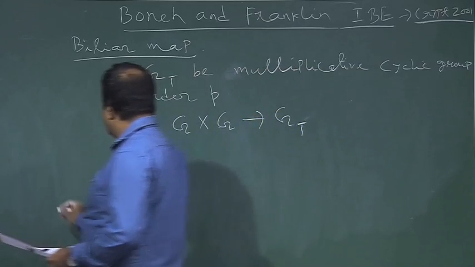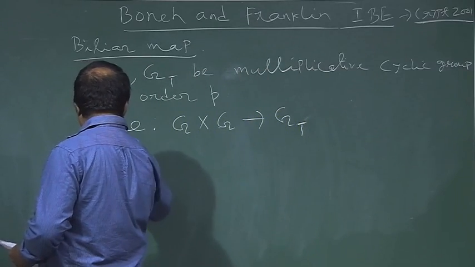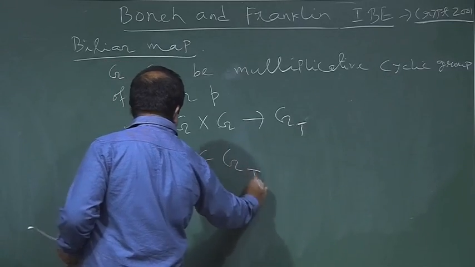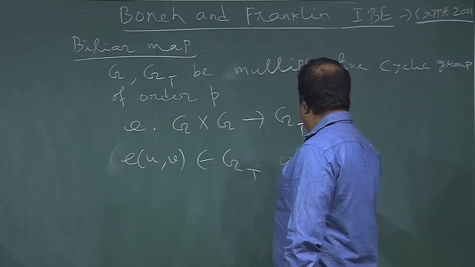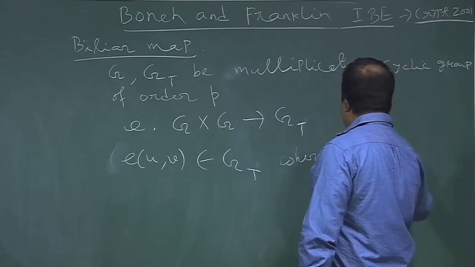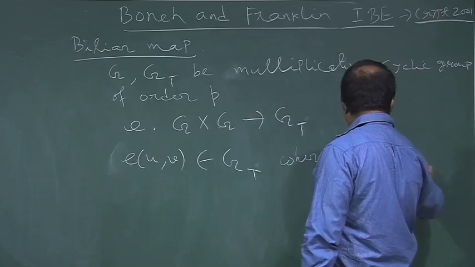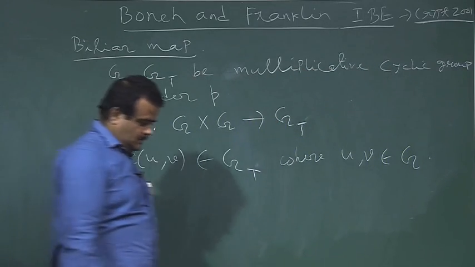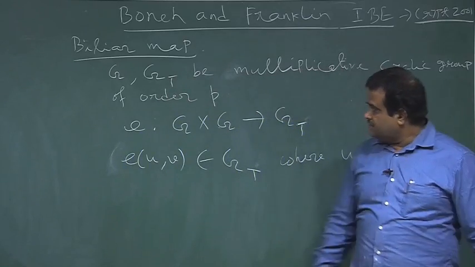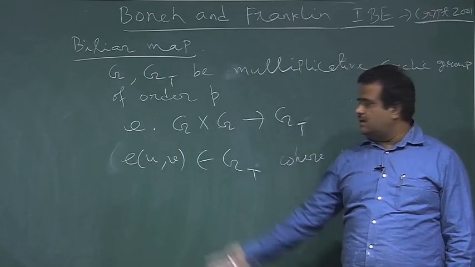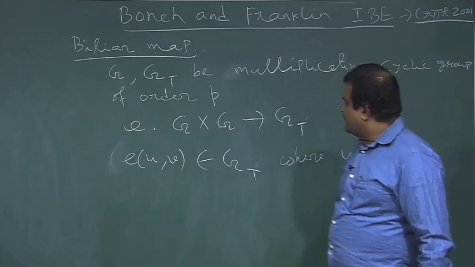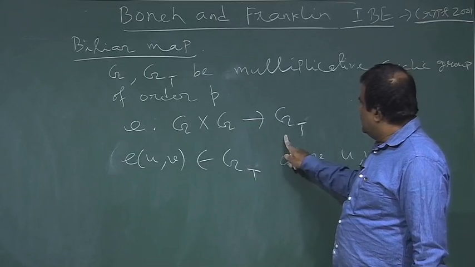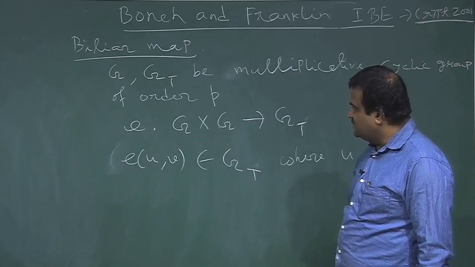It takes two elements u, v, both belonging to G, and maps them to an element E(u,v) in GT.